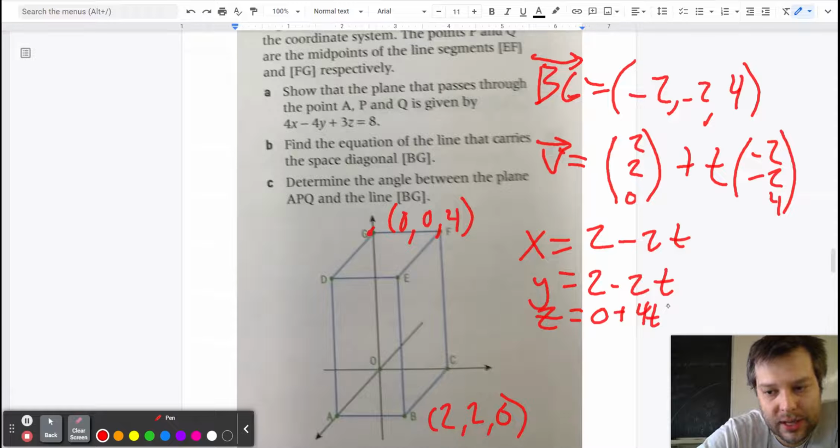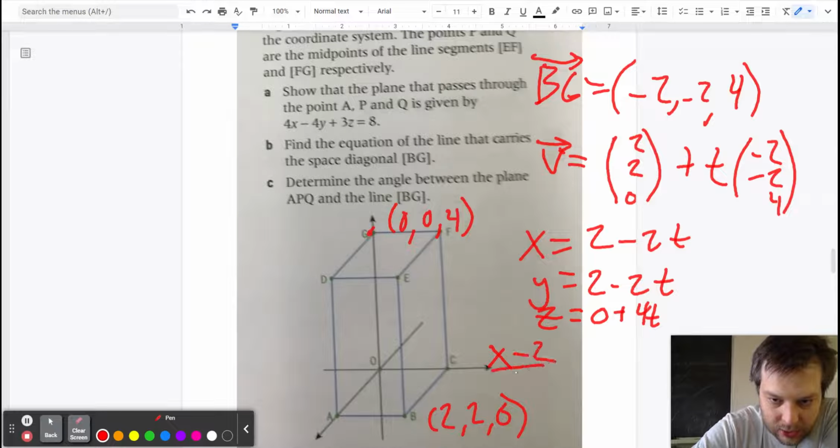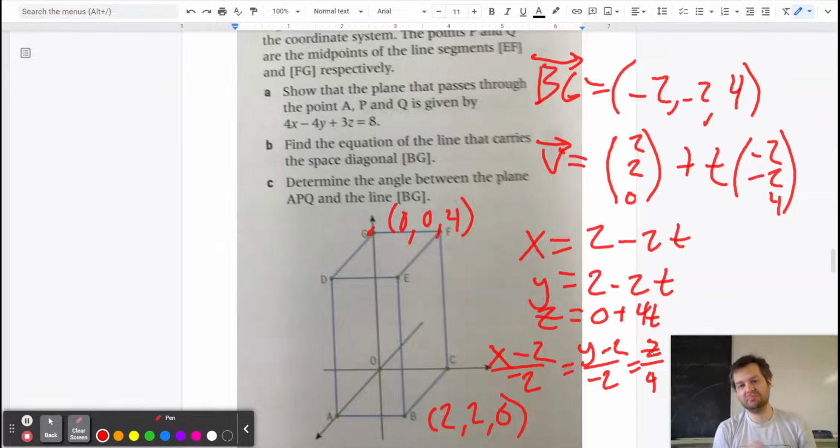And you could also then solve each of those components for the parameter t and get your Cartesian form, which I guess would be (x minus 2) over negative 2 equals (y minus 2) over negative 2 equals z over 4. Okay, so great. However you want to write it.